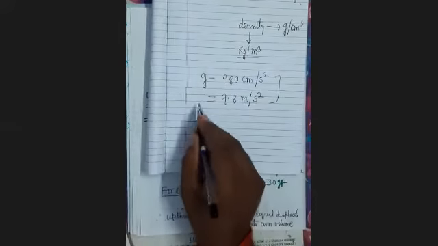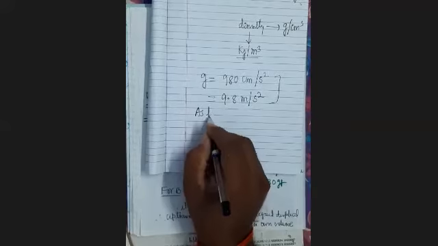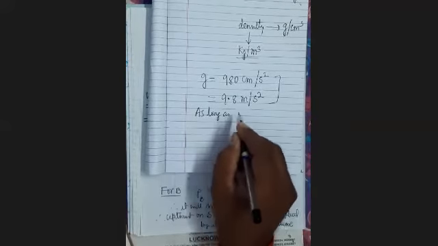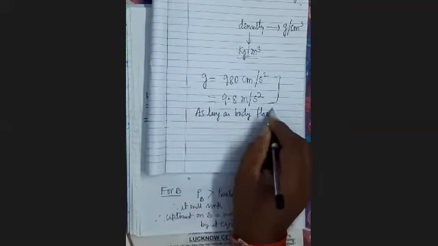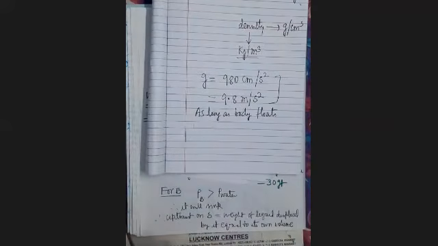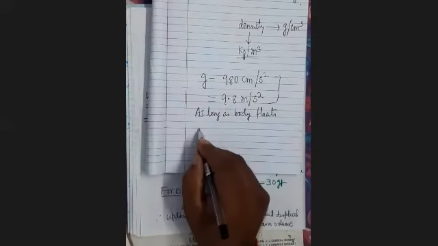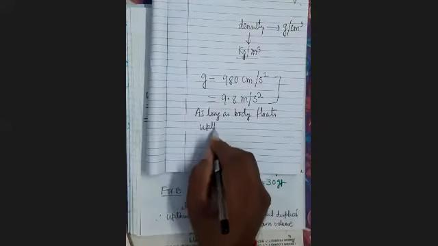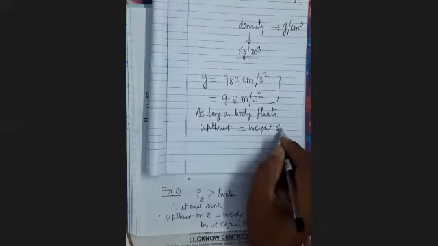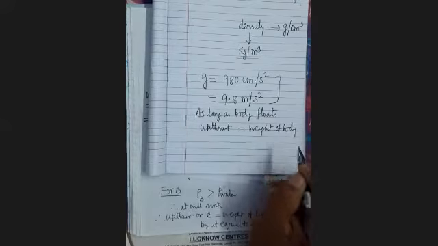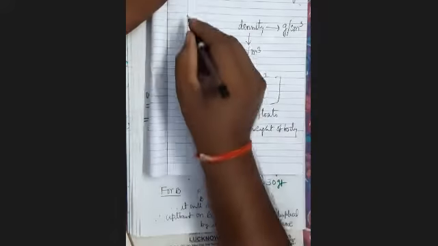So see here, there is a rule. As long as the body floats, upthrust will be equal to the weight of the body. It's clear. A body can float in two ways.